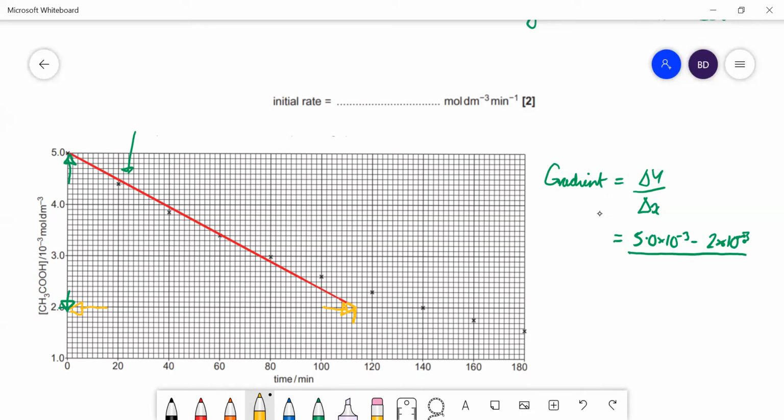That's not 132. That's 100, and that's 110 there, isn't it? It's about 112, divided by 112 seconds. That's naught time there. Okay, put that into a calculator. What do we get? We get 2.68 times 10 to the minus 5, and the units are concentration per time, mole per decimeter cubed per second. That is our answer there.